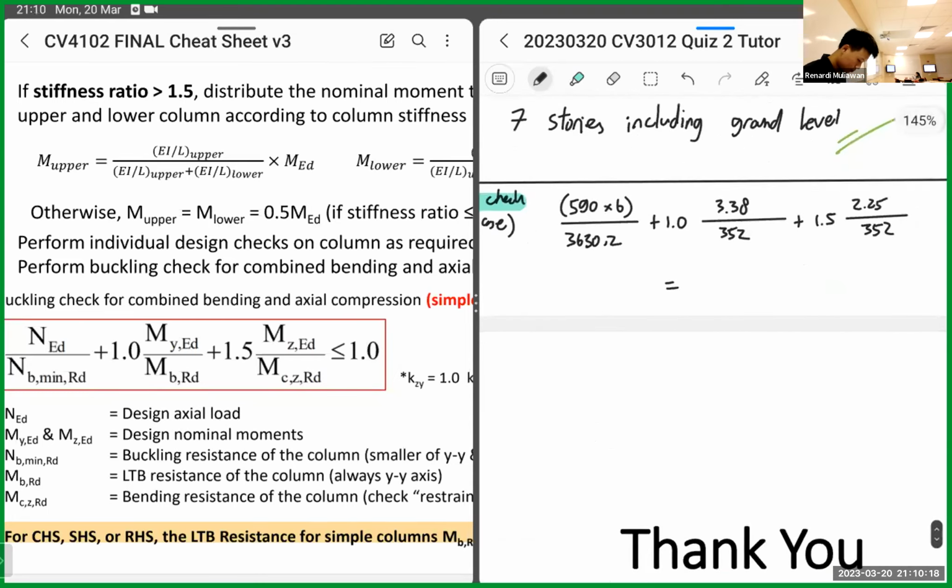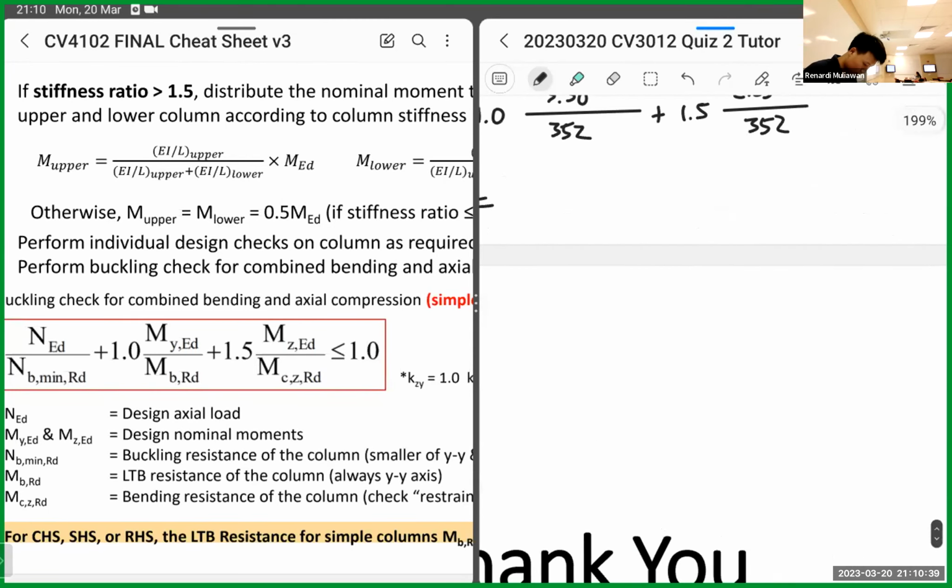Let me check. This is 0.994. This is the combined check, 0.994. Still less than 1.